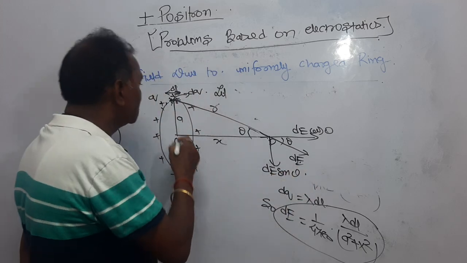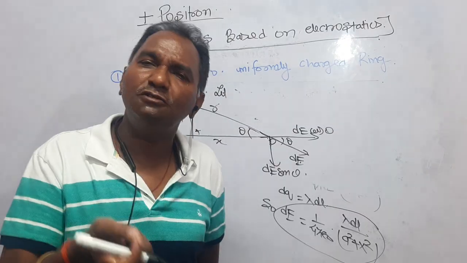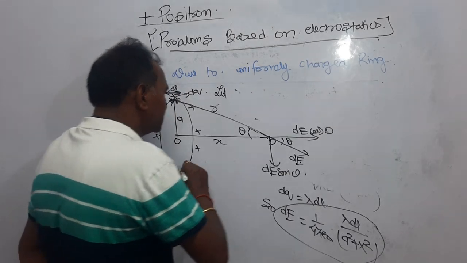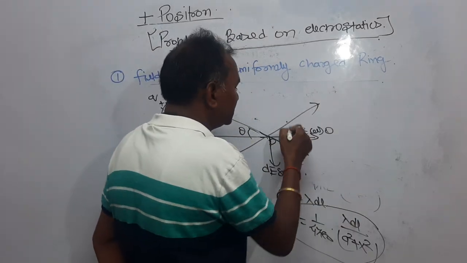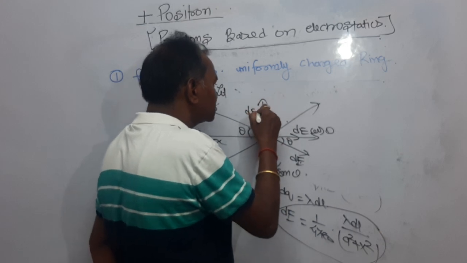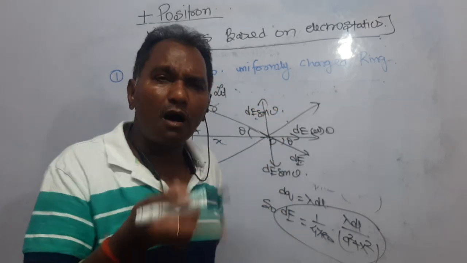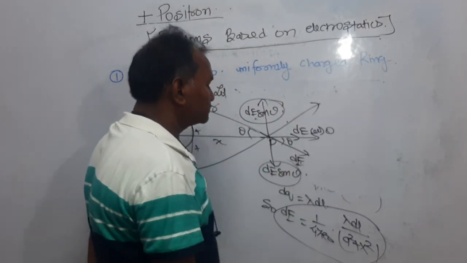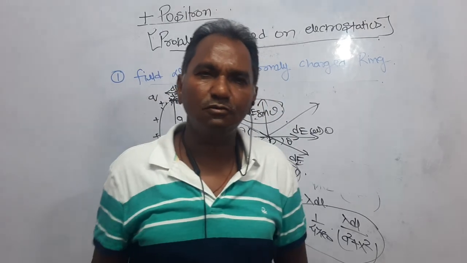Now, dear students, if this assumption you have made in the lower half of the ring like this, then dE would have been like this, and dE cos theta would have been this, and dE sin theta would have been this in this case. So, due to the upper and lower half, the y component of the dE will cancel each other.